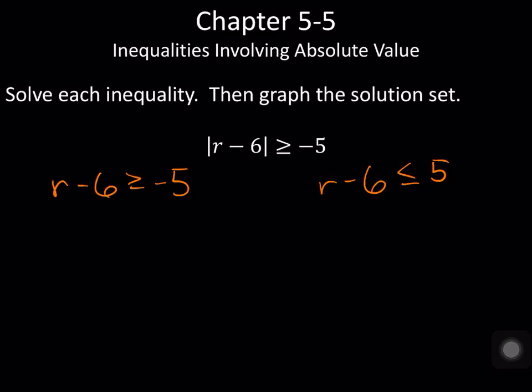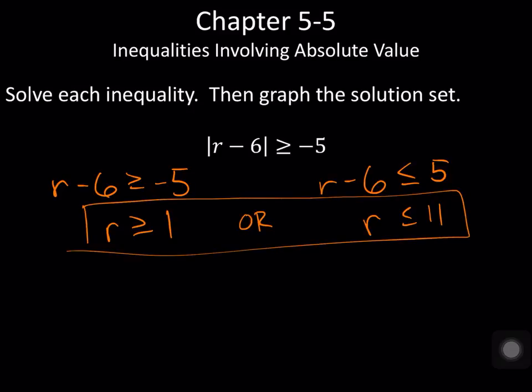Okay, so we're going to add 6 to both sides. We're going to add 6 to both sides. And remember that we're going to treat it like an or because it's a greater than.